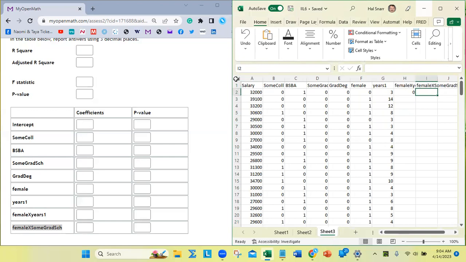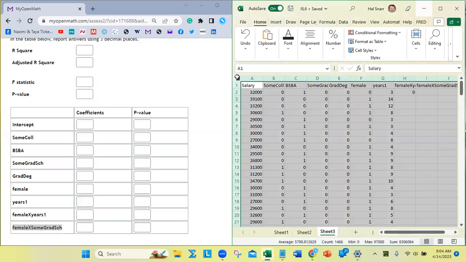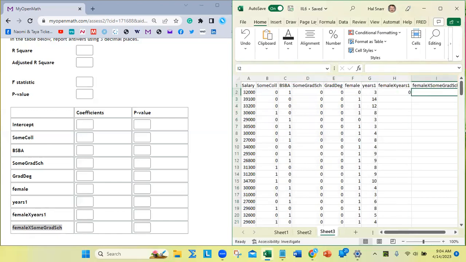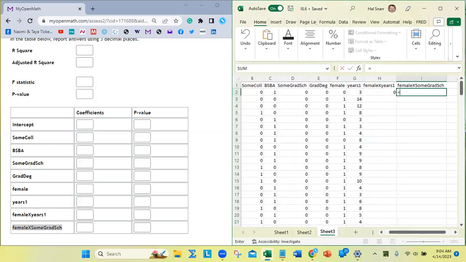Now I'm going to click this box here between the column headers and the row headers. And I'm going to come over here halfway between A and B, and I'm going to double click to auto fit. So for this variable, I want to multiply the female value times, asterisk, some graduate school.